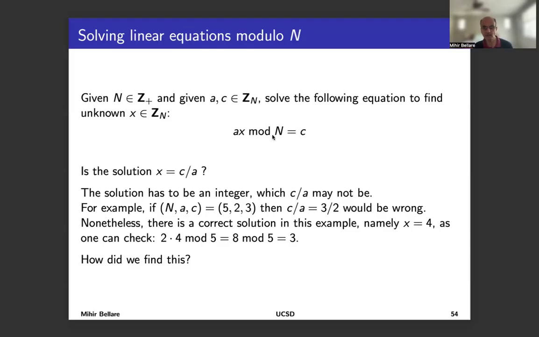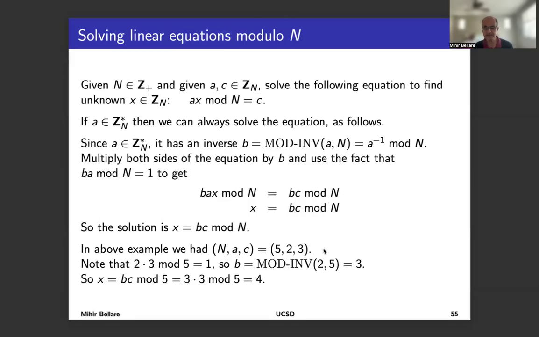And what is n? 5. So you have to do 8 mod 5, which is 3. And 3 is also the value of c. So you've checked that it worked. But you might ask, is there actually a way to do this rather than just guesswork? And there is, and this is a nice exercise in a little bit of number theory we've learned.